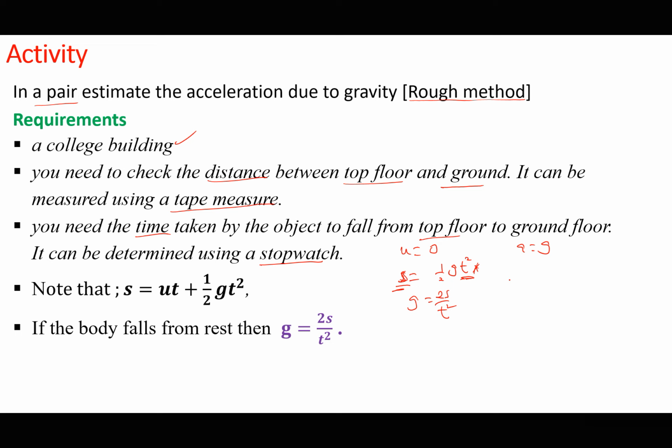That would be the best method. But for this rough method, you can just calculate g from g = 2s/t², where s is the distance from the ground to the top floor where you have dropped the object, and t is the time you have recorded for the object to fall through that distance. You can try to repeat the experiment for the same height and obtain an average value of g.